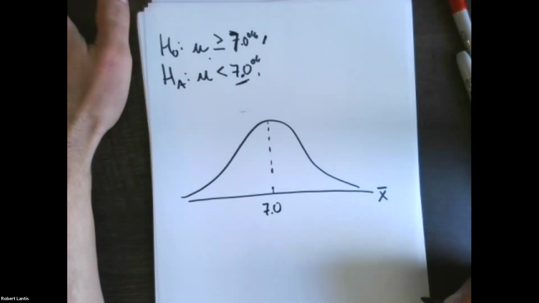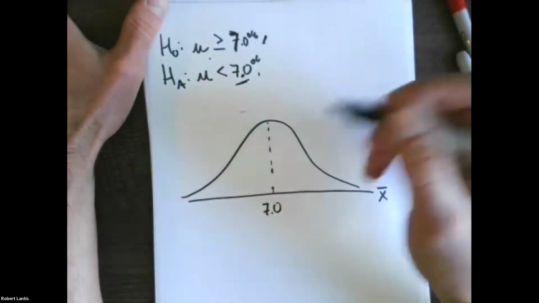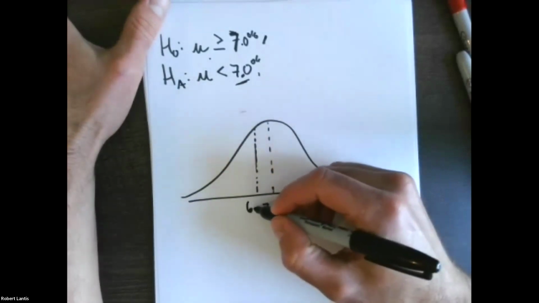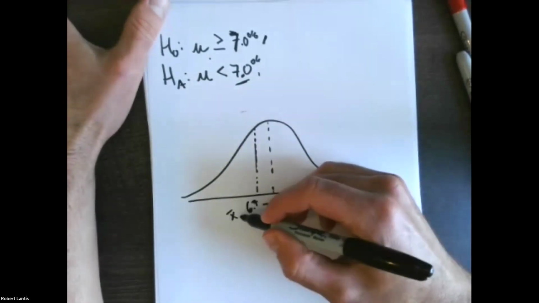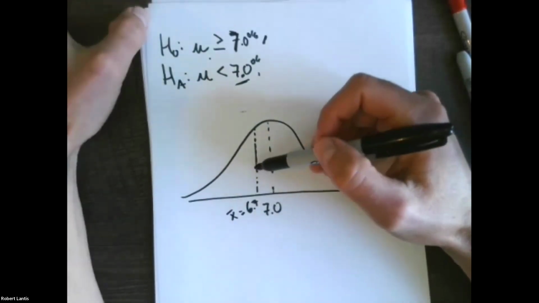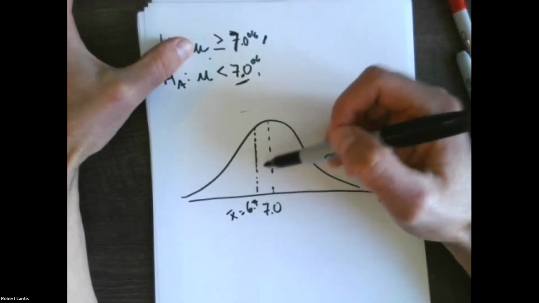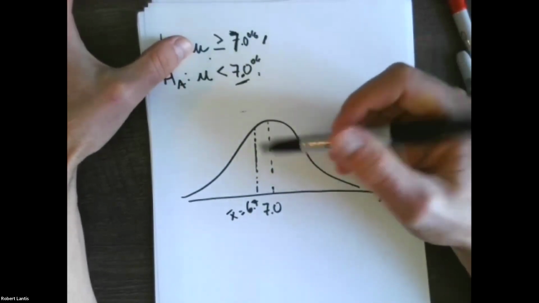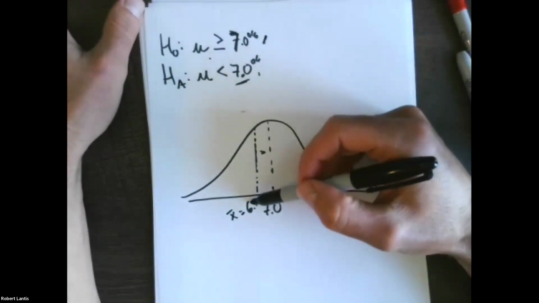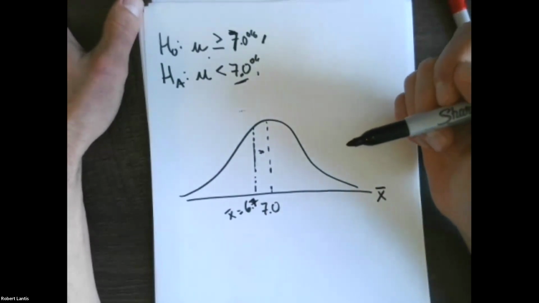Right? Now, if I just take one sample, maybe I see 6.7 as my sample mean, right? That's fairly likely. Okay, this technically goes against the null, but not very much, right? Especially if this has a relatively large variance. This isn't going to be very many standard deviations away. It's very, very likely I would see a sample mean of 6.7 if the true mean was 7.